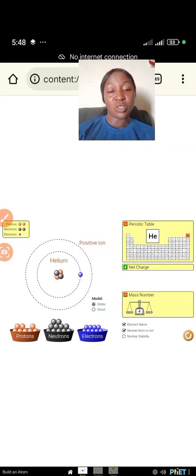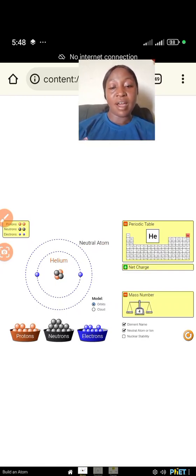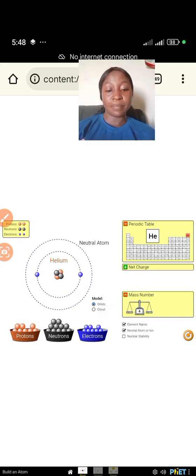For the helium, it's supposed to be neutral, so we want to balance it. And so I add one more, and I am having 2. And this is now a neutral helium. Okay, having done this, I would like us to try out something. Let's play a game. Follow me as we play this game.